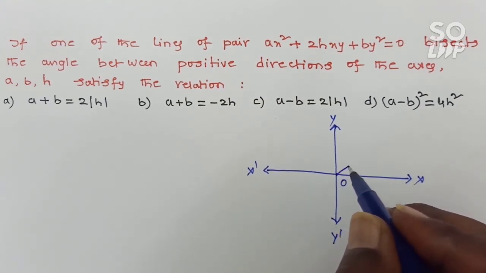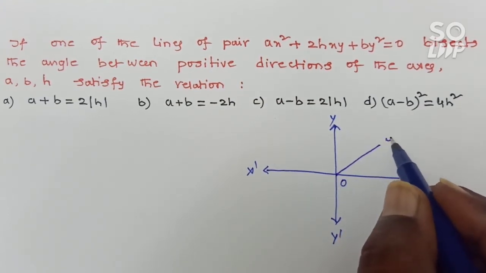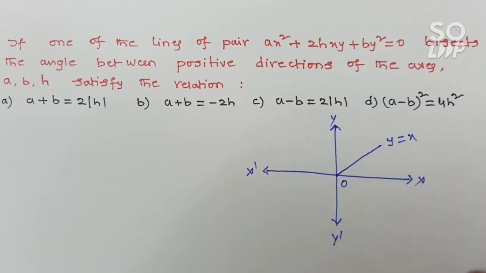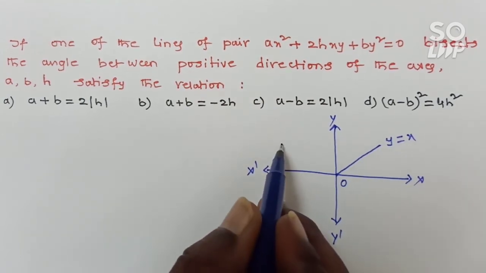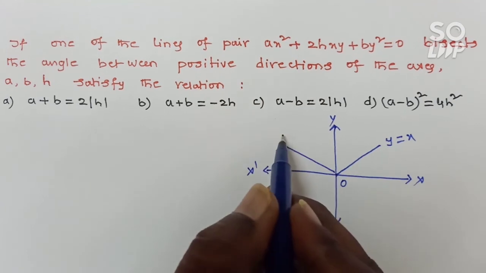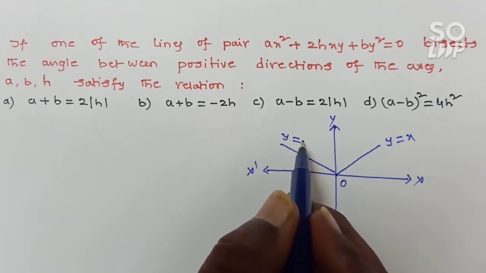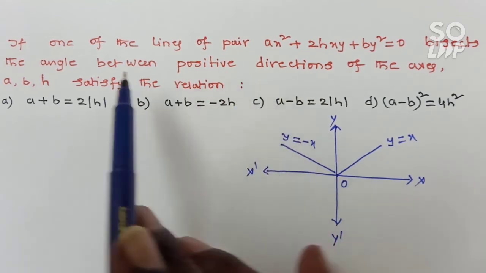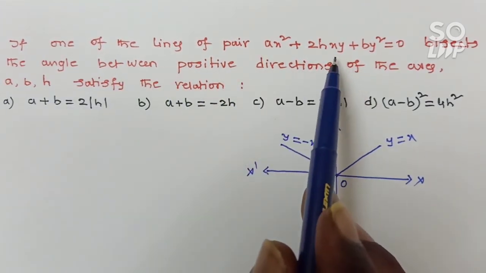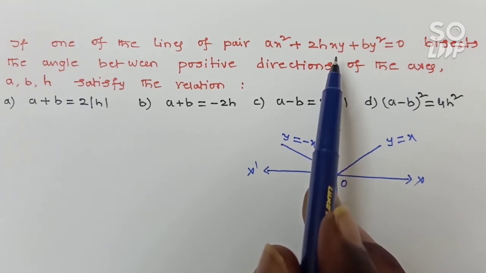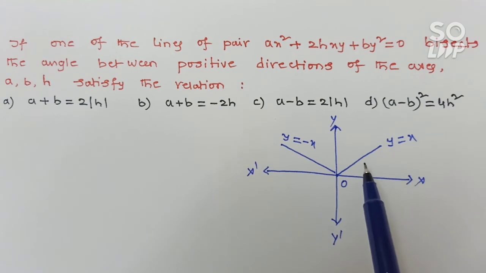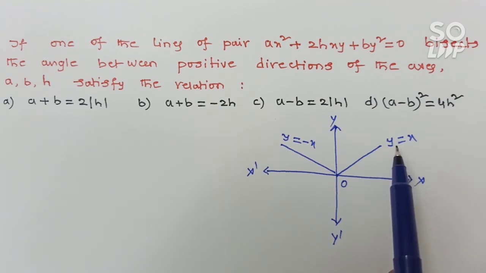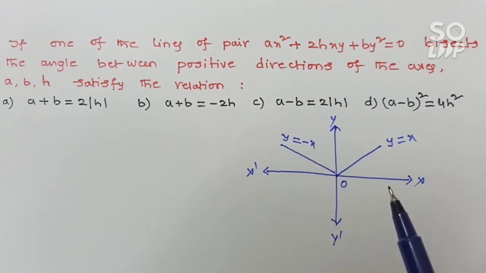One bisector is y is equal to x, another bisector will be y is equal to minus x. But in the given problem, one of the lines of this given pair of equations is either y is equal to x or y is equal to minus x. So two possibilities are there.